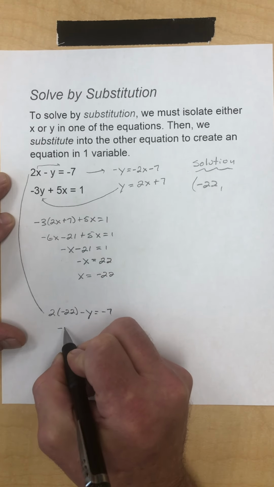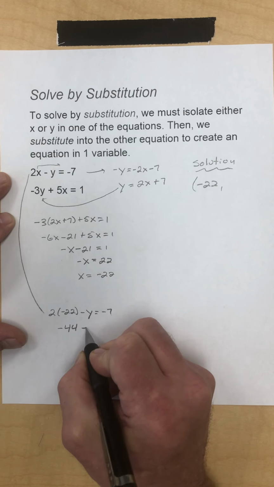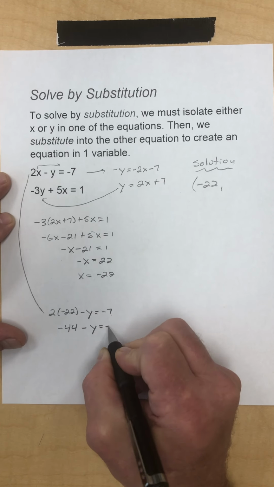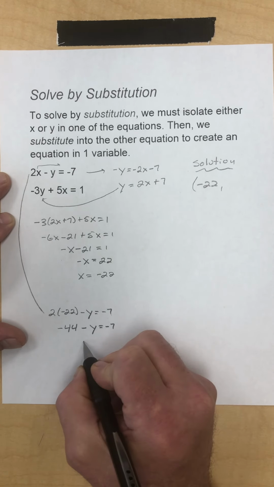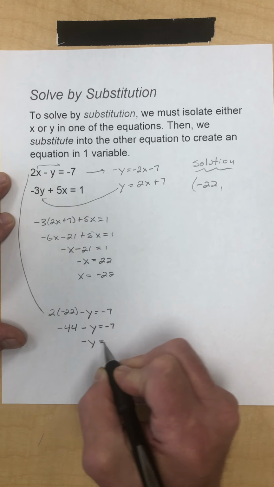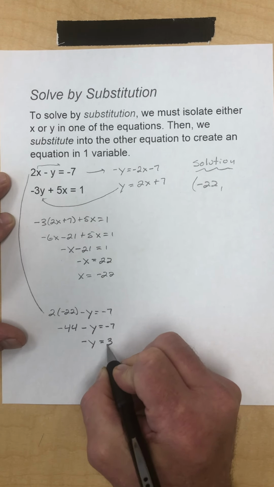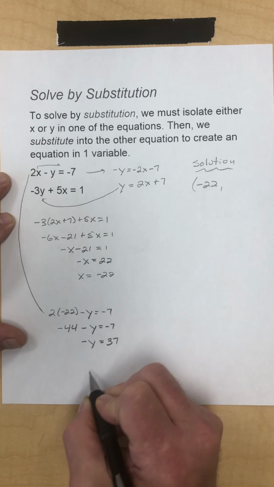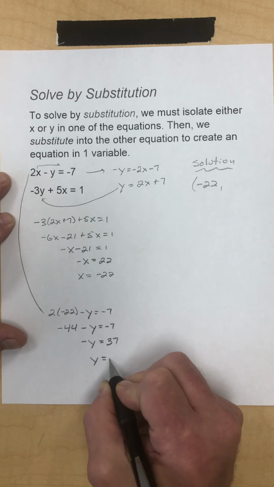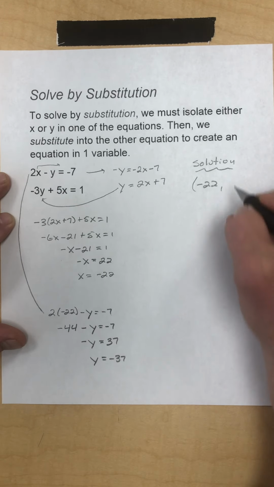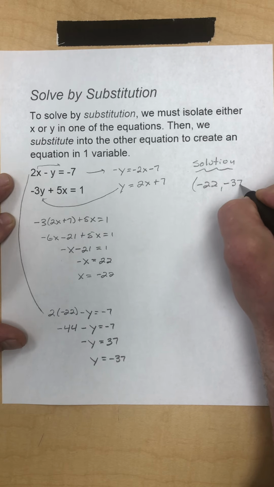That gives me -44 minus y equals -7. And adding 44 to both sides, I get -y equals a positive 37. So that means y equals -37.